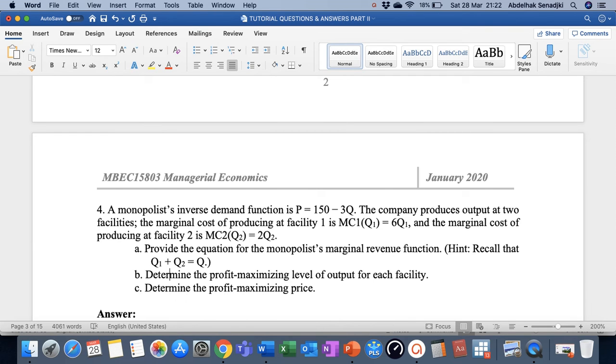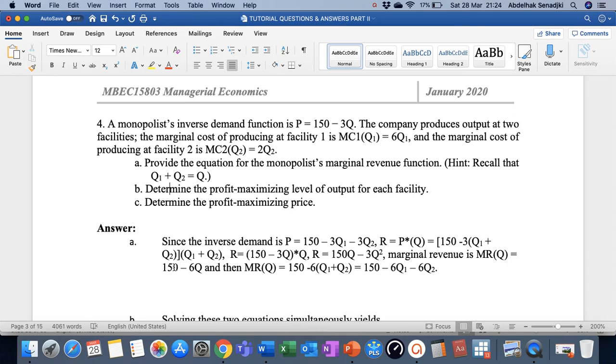For the first one, the inverse demand is P equal to 150 minus 3Q1 minus 3Q2. Why? Because Q is equal to Q1 plus Q2. So this is 150 minus 3, between brackets, Q1 plus Q2. Therefore, 150 minus 3Q1 minus 3Q2. So what is revenue?